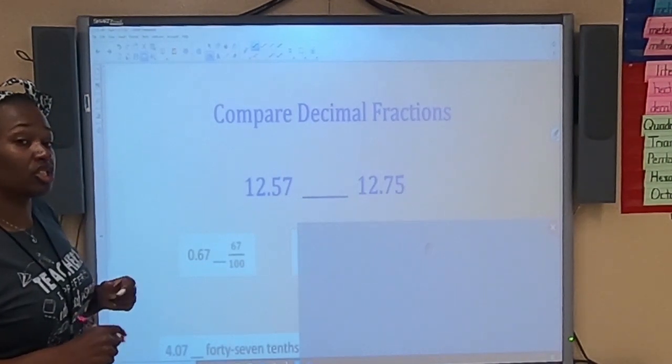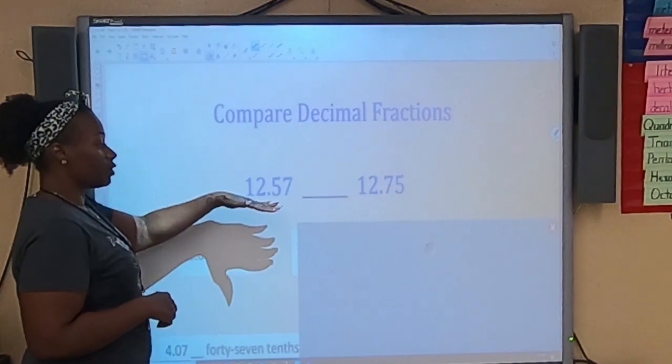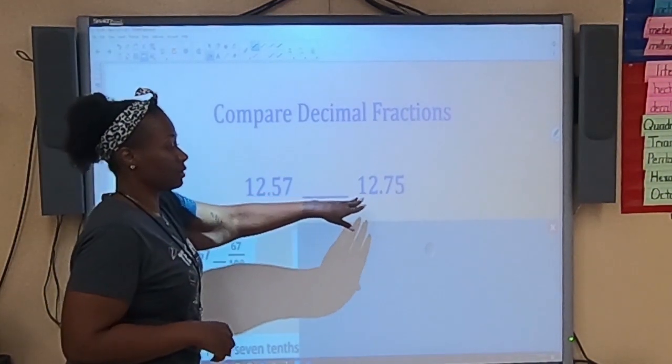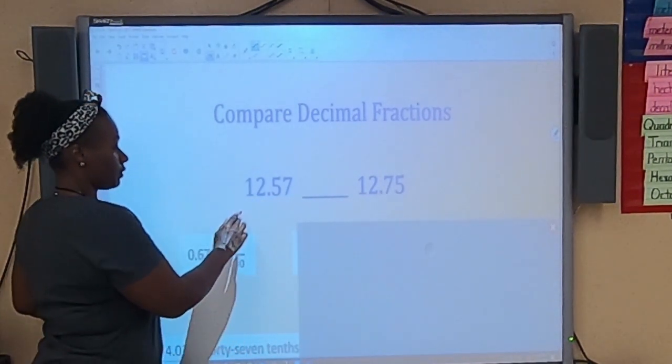So if I round 155 to the tens place, it's going to round to 16 tens, which in standard form would be 16 and 10 has 1 zero. So 155 rounded to the tens place will be 160.